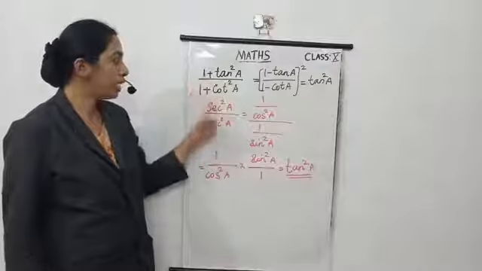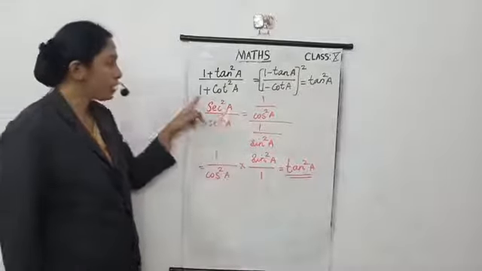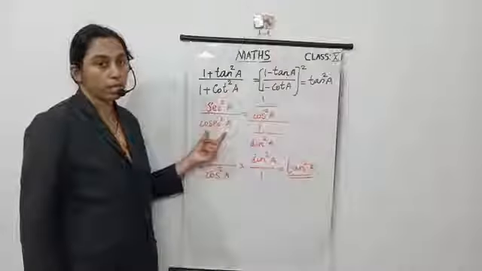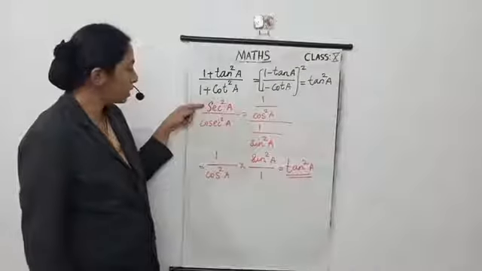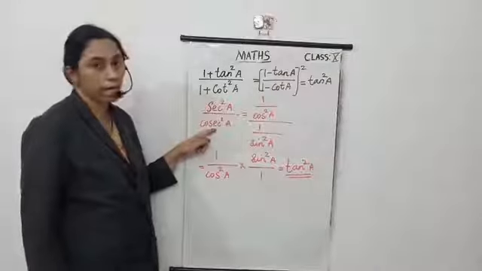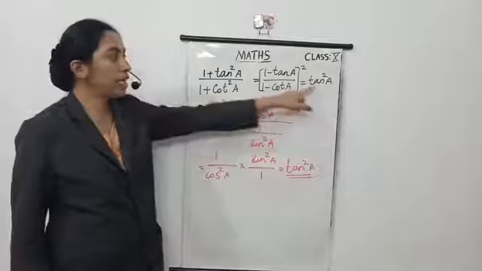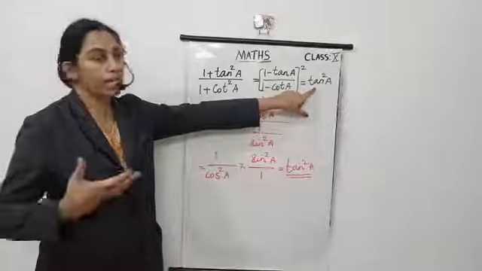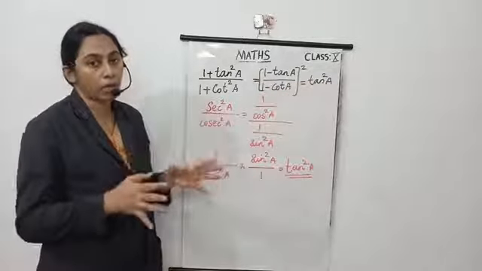1 plus tan square A is sec square A. So replace with sec square A. And 1 plus cot square A is cosec square A. So this also replace with cosec square A. So we get sec square A by cosec square A. Now it replaces with cos and sin because we need to prove that this is equal tan square A. So tan is sin by cos.